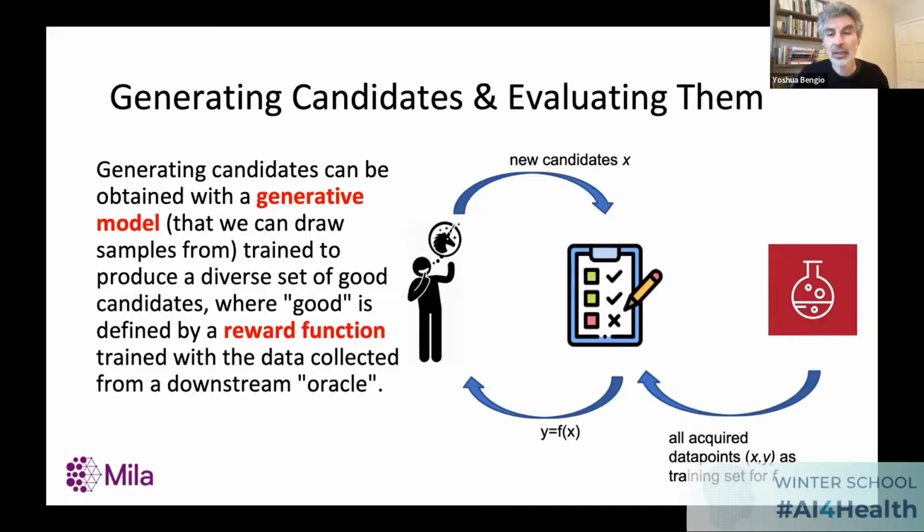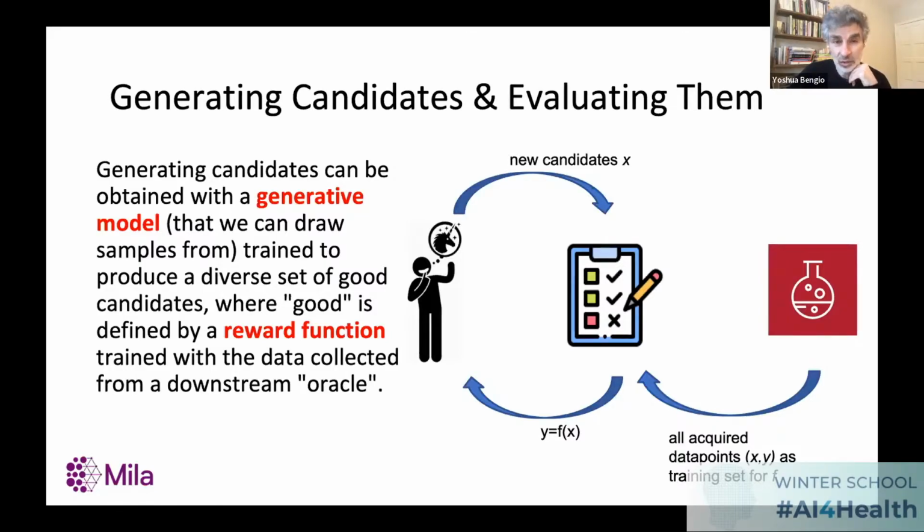That's the one in the middle, and we learn a function f that can now be applied on new x's that we have done no experiment on. The one on the left, with a little imagination icon, is the one which imagines new candidates.